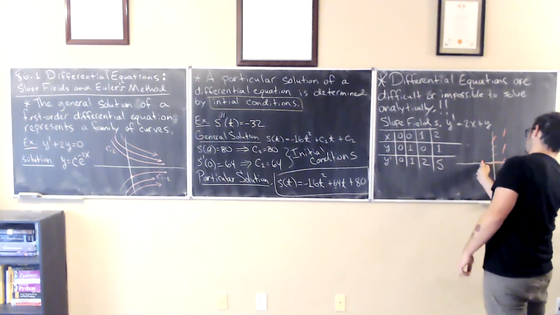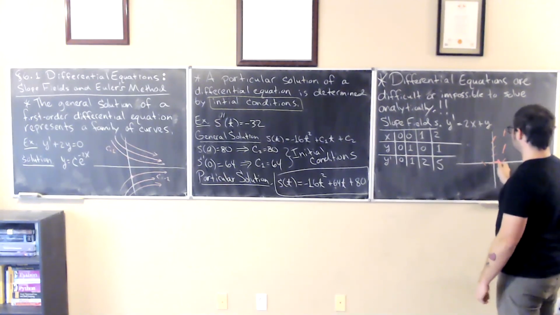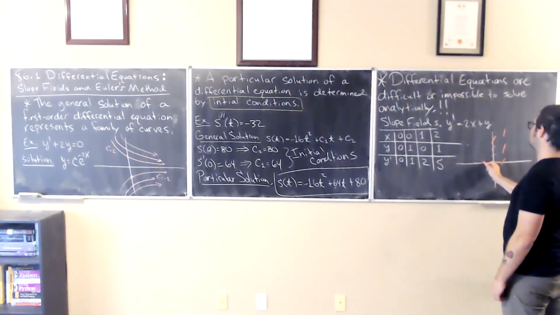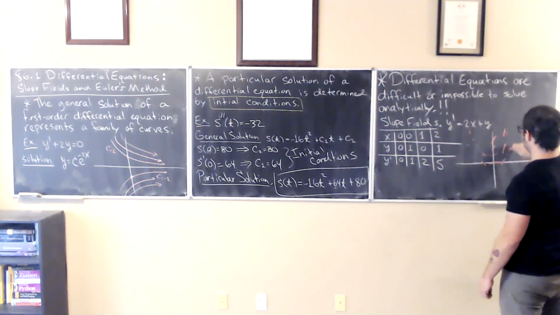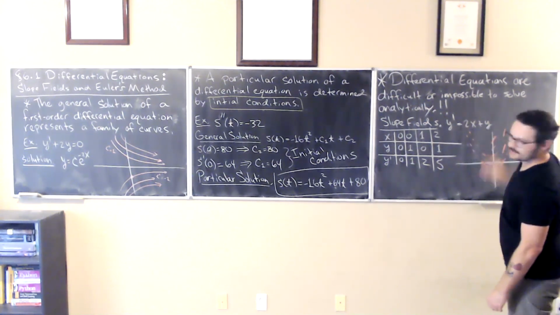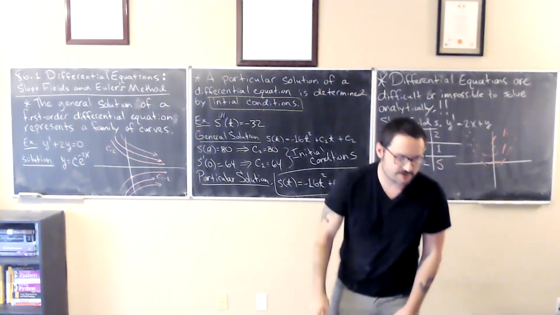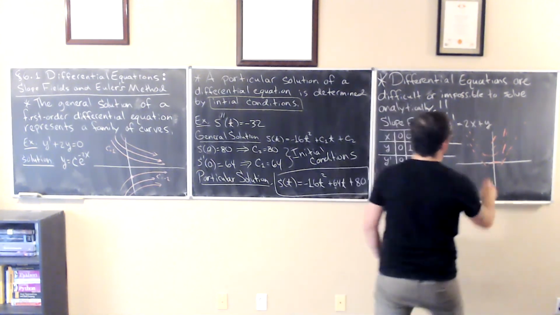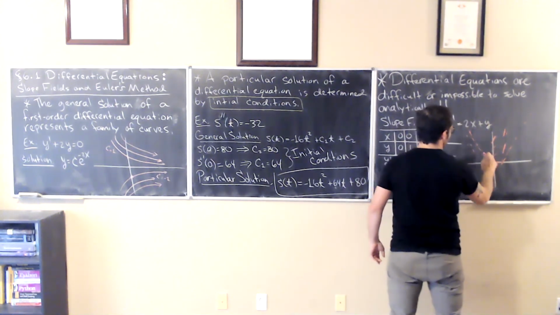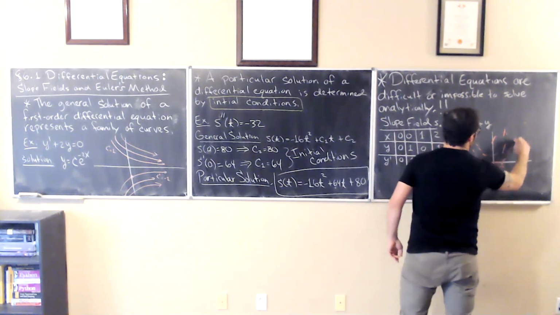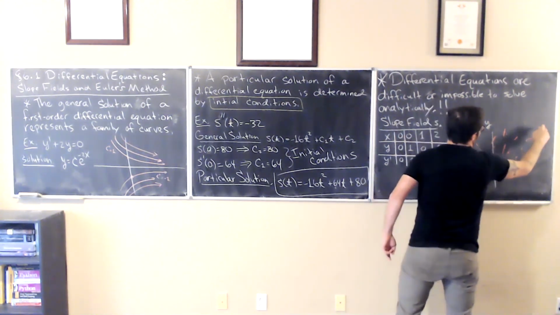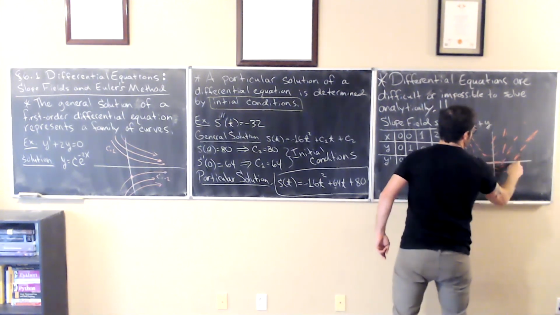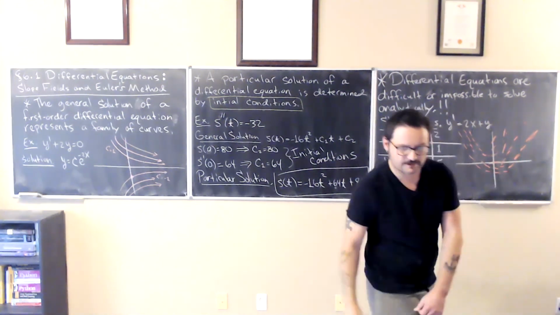When x is -1 and y is 1, the slope is -1. If we plot all of the tangent lines, we start to get a picture of what the possible solutions look like.